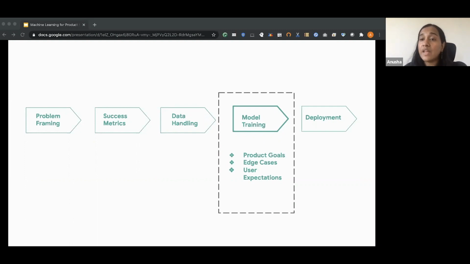And this is also a phase where you can work closely with your team and think about various edge case scenarios that you can test with. You can do user surveys early on to catch unexpected responses to the product.